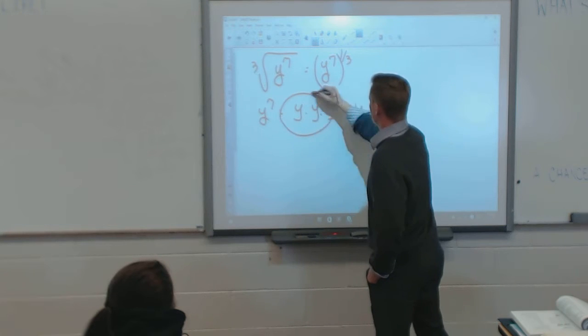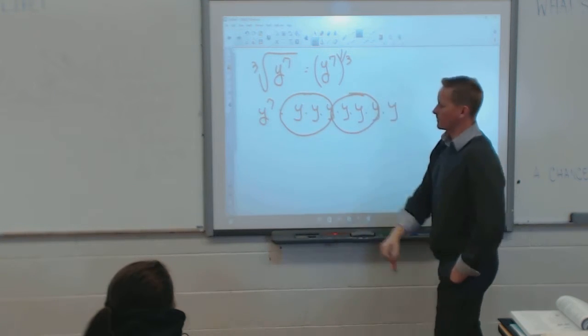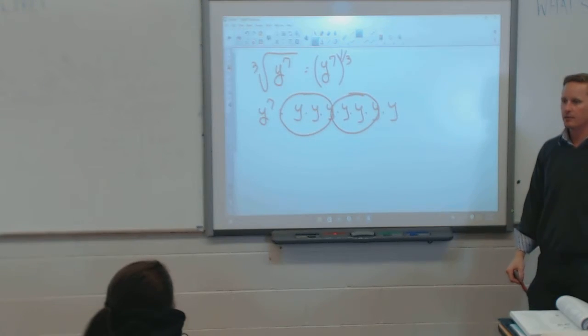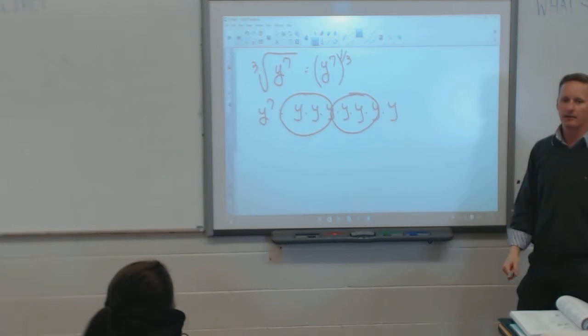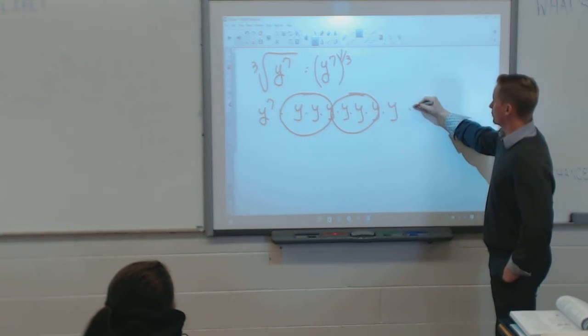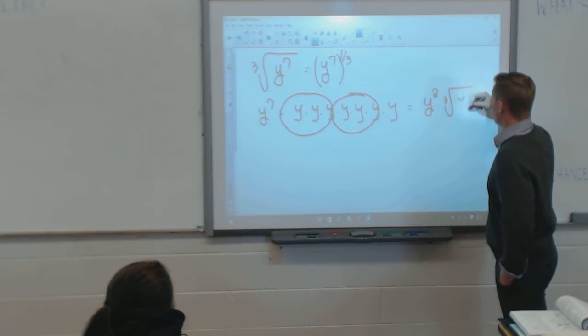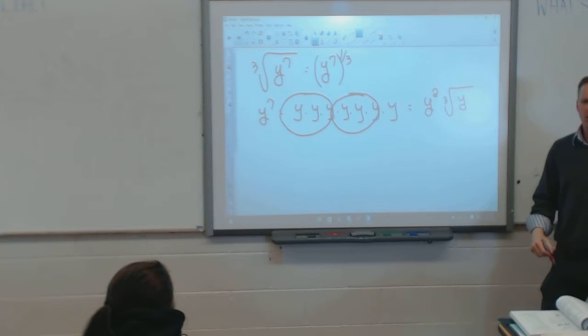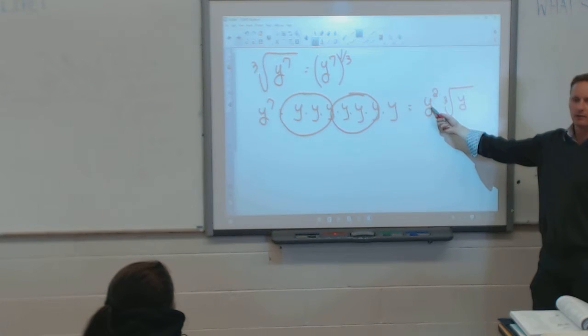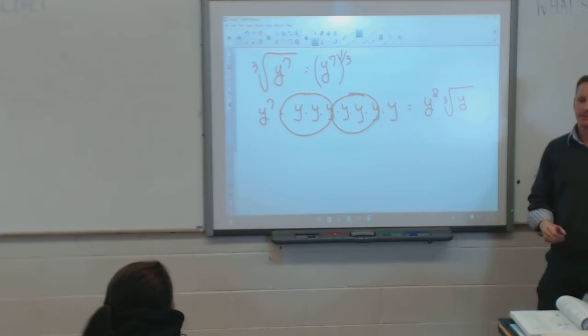Here's a group of 3. Here's a group of 3. So how many groups of 3s do I have completely? 2. And then I'm just going to leave that guy as is. So the solution, if I do it this way, is that. Looks awkward. Y squared times the cube root of y.